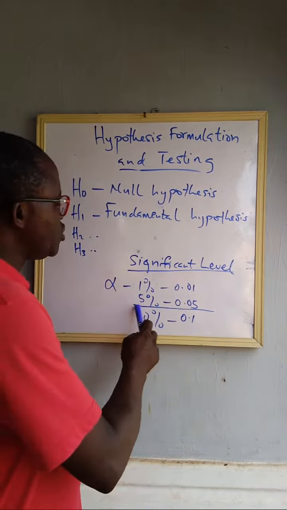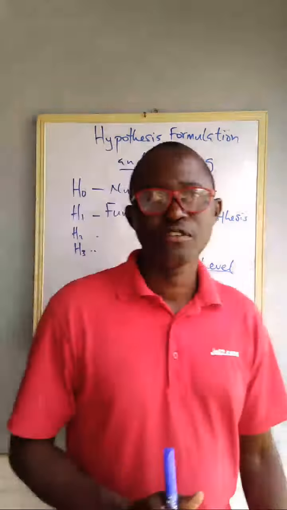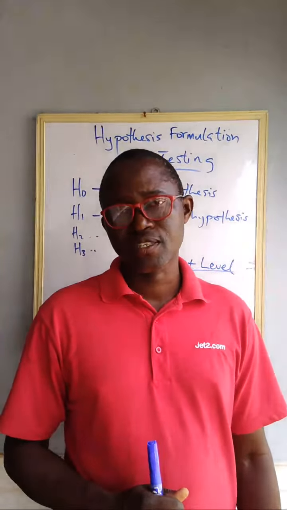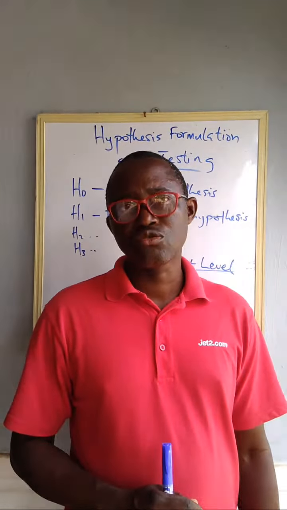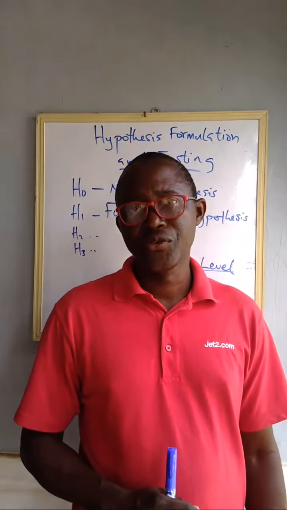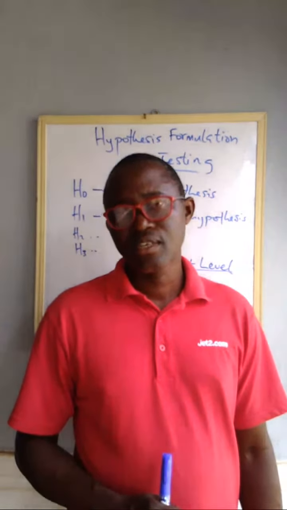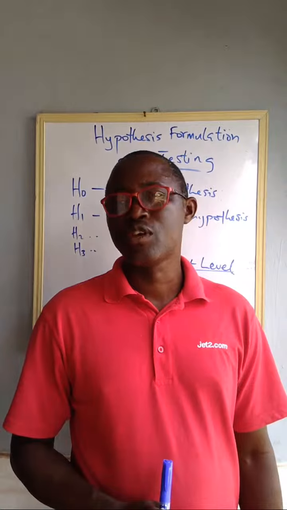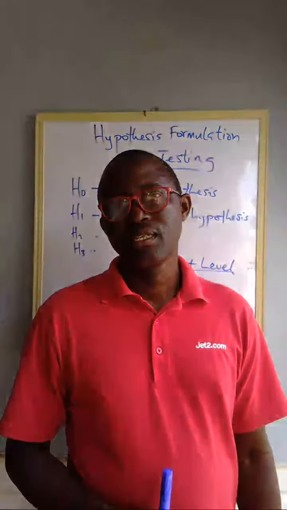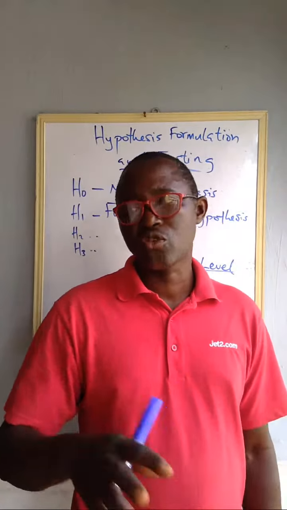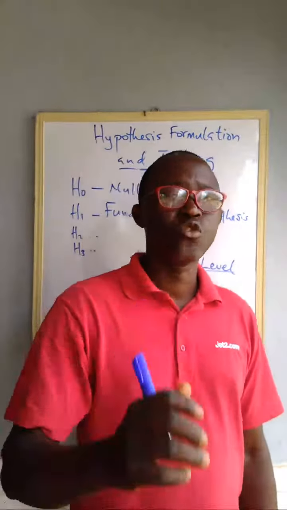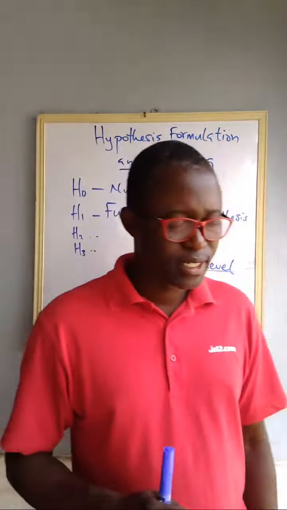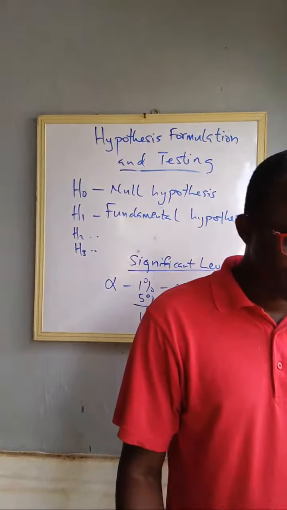But usually we use 0.05, that is 5%. So if you are given a question to handle using inferential statistics, you will use 5% if you are not told otherwise, except you are told to use 1% or whatever percentage. All right.